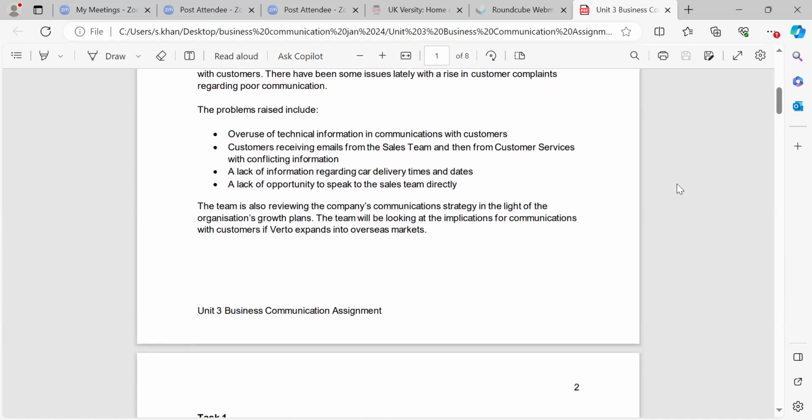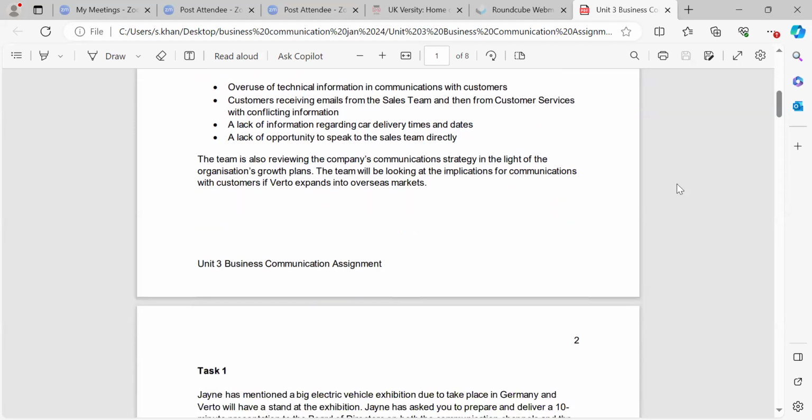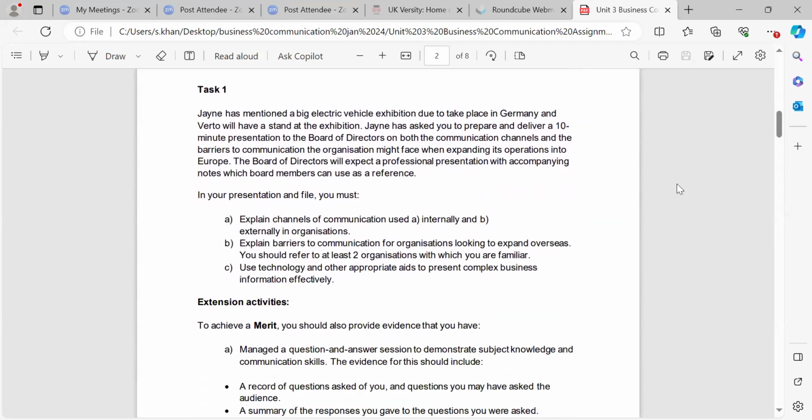The team is also reviewing the company's communication strategy in the light of organizational growth plans. The team will be looking at the implications for communications with customers if Verto expands into overseas markets. Task 1.